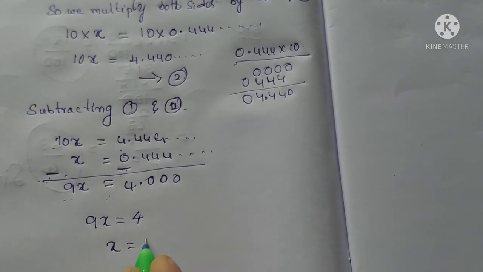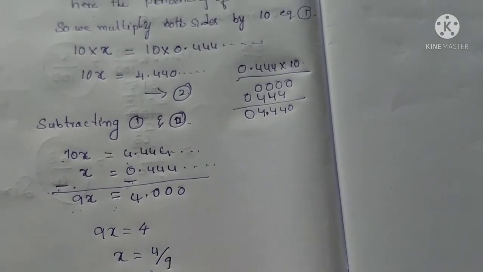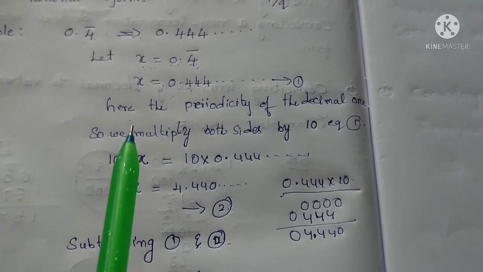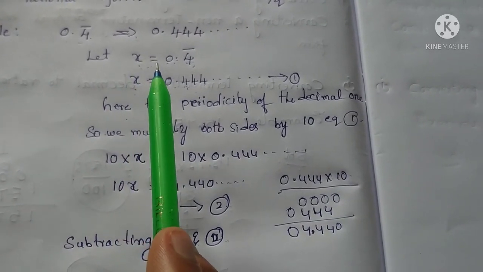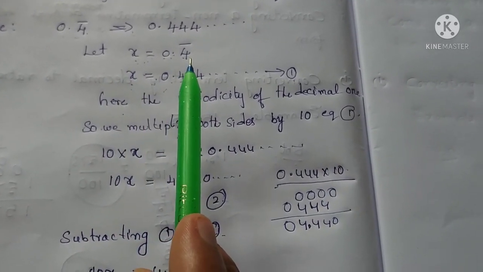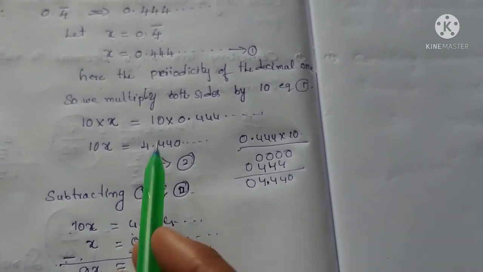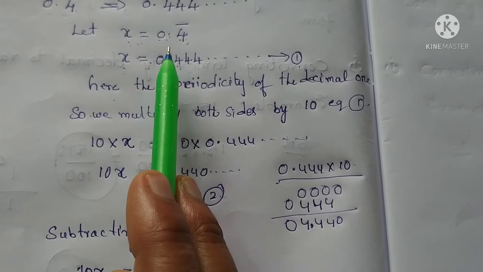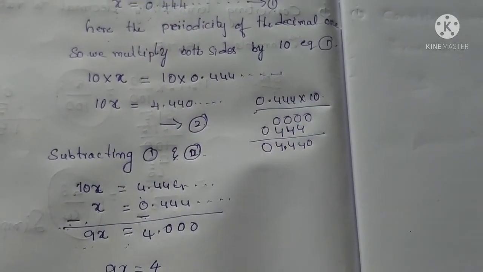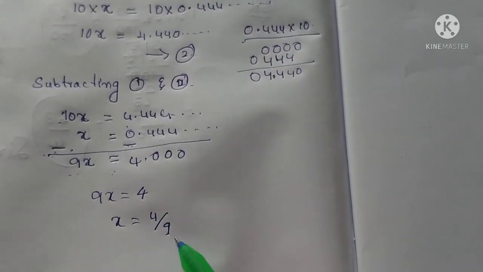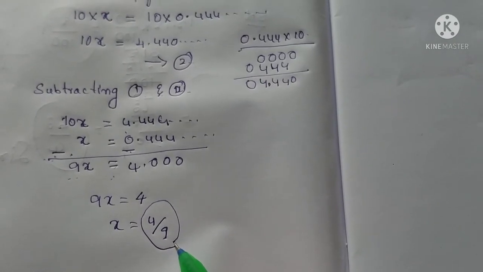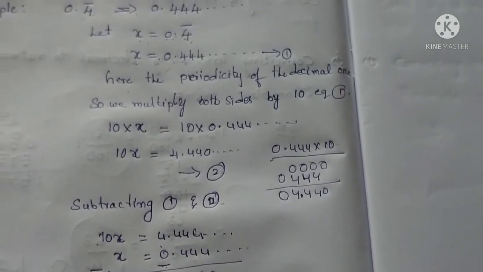x equal to 4 by 9. What is the x here? x equal to 0.4 bar. So here we should keep this as the decimal number, converted to rational form. Understand here?